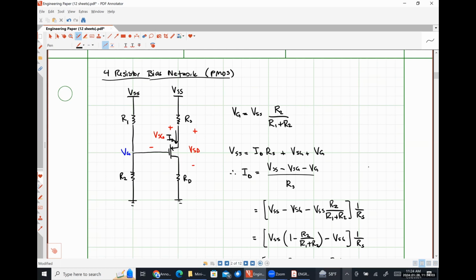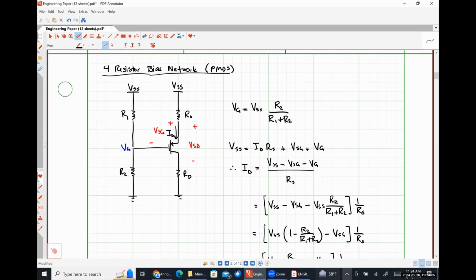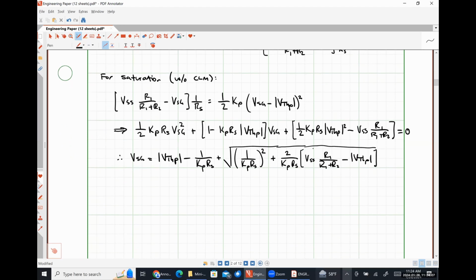So KVL down the right-hand side tells us that VSD will be given by VDD minus RS plus RD times ID. So that's what our relationship looks like for saturation without channel length modulation.